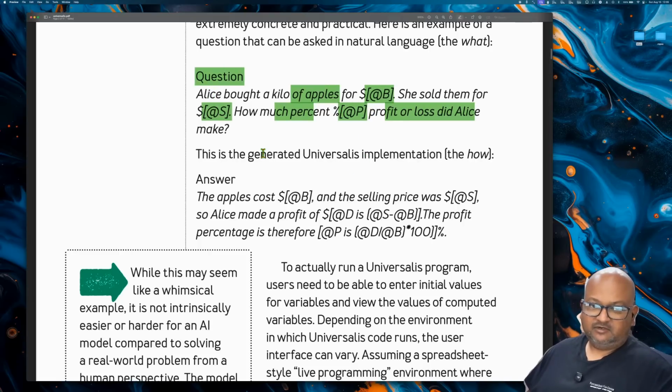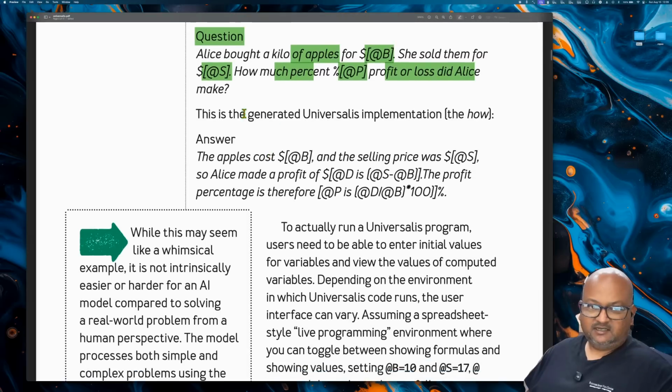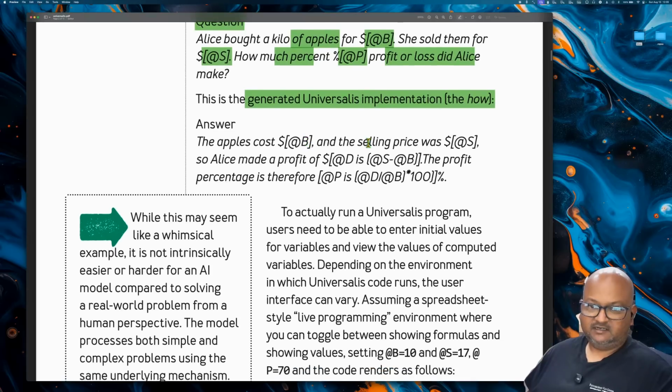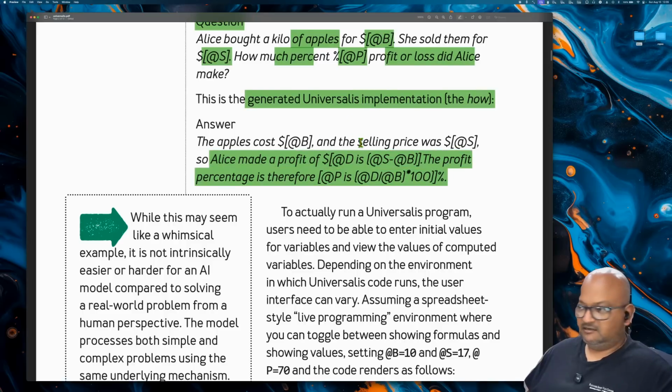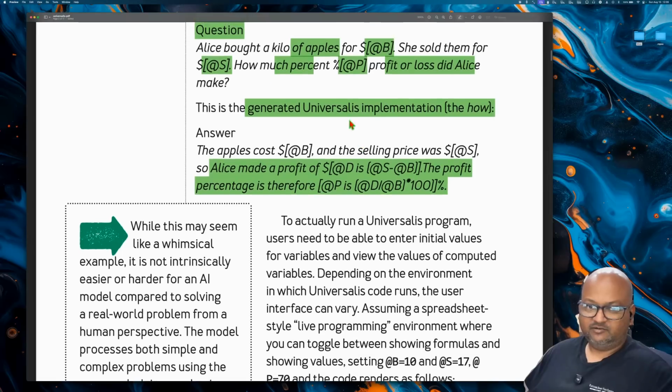So that is what the user inputs, and the generated Universalis implementation of it is essentially a chain of thought solution that does reasoning and planning over this query to compute what the profit percentage was.